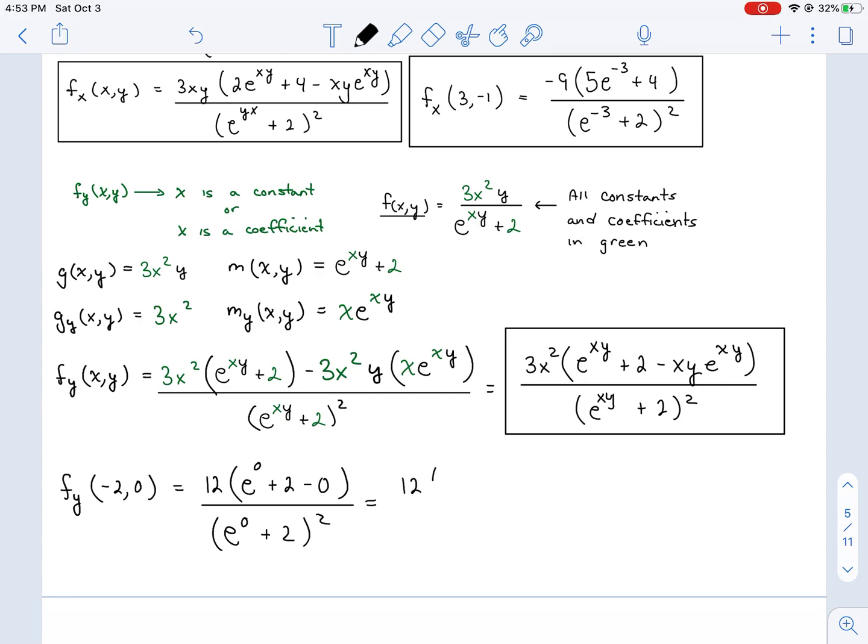Now please be careful. e raised to the 0 power is 1. And e raised to the 0 power is still 1. So this will be 36 divided by 9, which equals 4. And we are done.